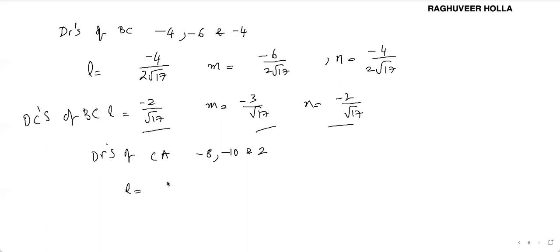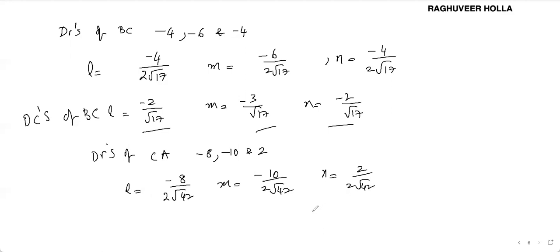So L is minus 8 by 2 root 42, and M will be minus 10 by 2 root 42, and N will be 2 by 2 root 42.